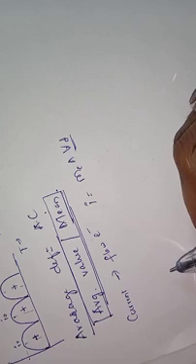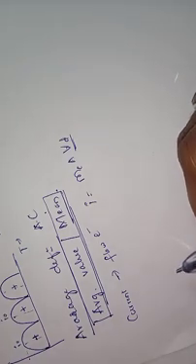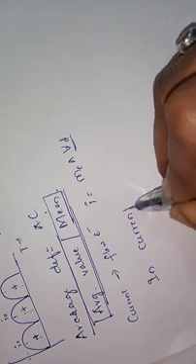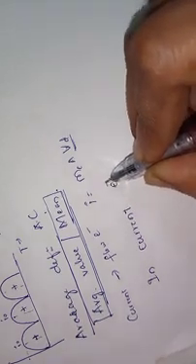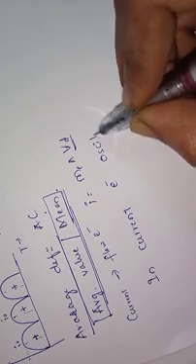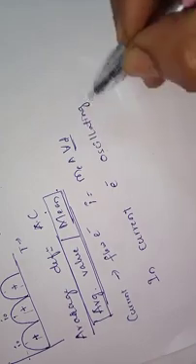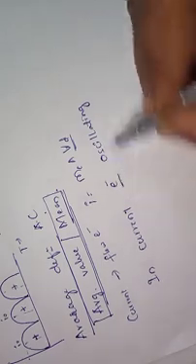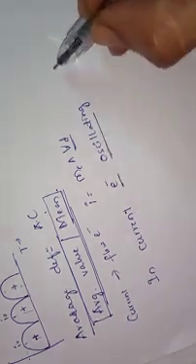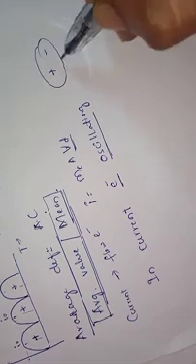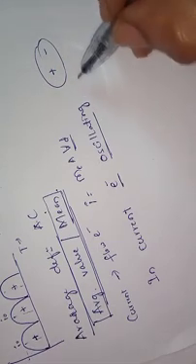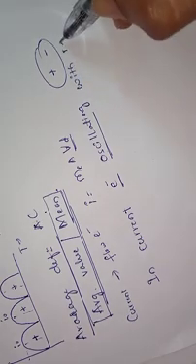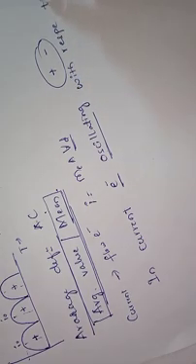Then average value, how are we going to write the average value? In current, what happens? Electrons are oscillating. The electrons are oscillating, so that's why we get positive and negative directions, oscillating with respect to time t.